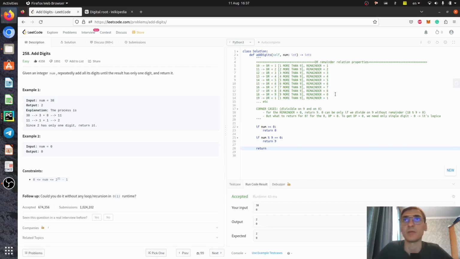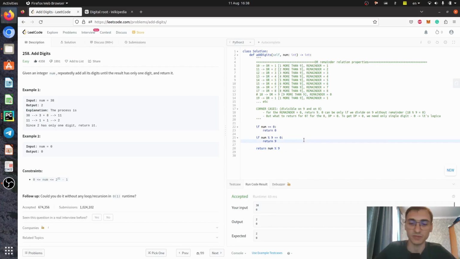And what remains is, if we remove these special cases, all other rows are identical one by one. If the digital root equals 5, the remainder equals 5. So let's return num modular operation 9, and that's it.